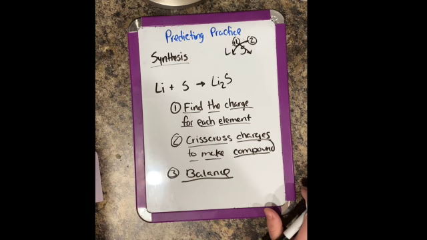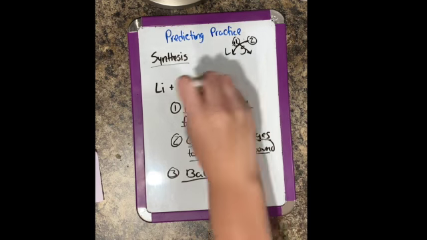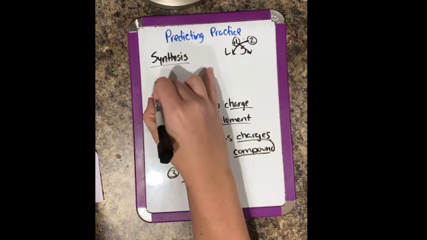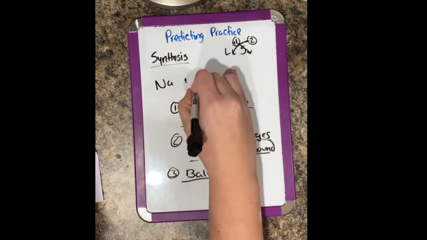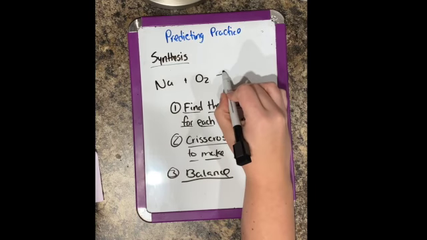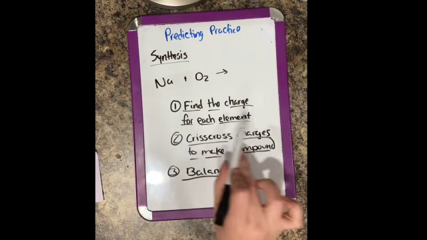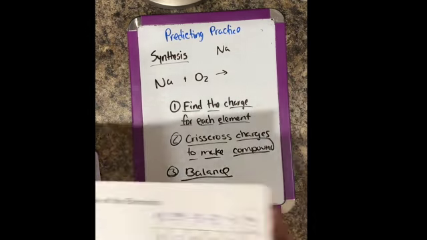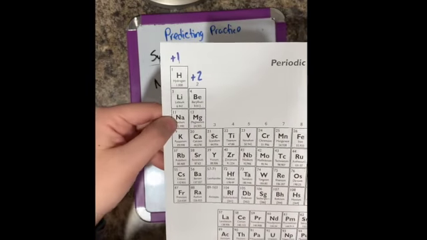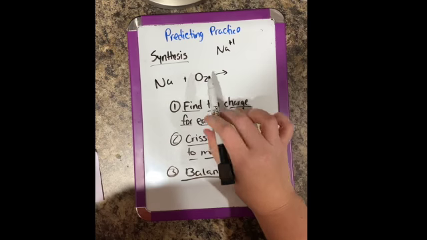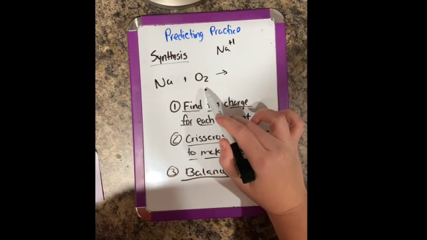So now that we know the steps for synthesis, let's do one more example. Let's do Na plus O2. Step 1, find the charge for each element. So we have Na. We look at the periodic table. Na has a +1 charge. Now this O, there is a 2 here, but just ignore it.